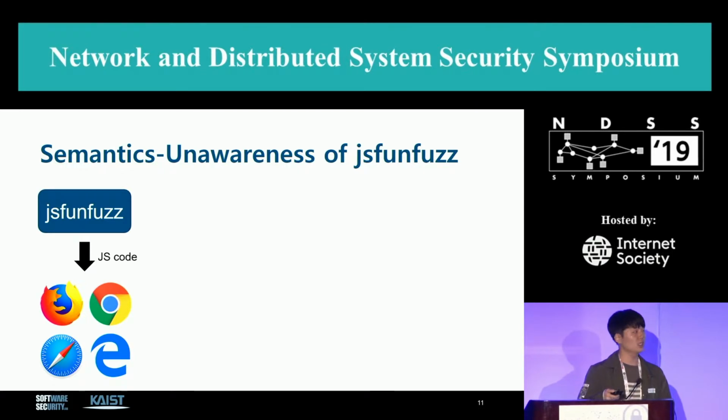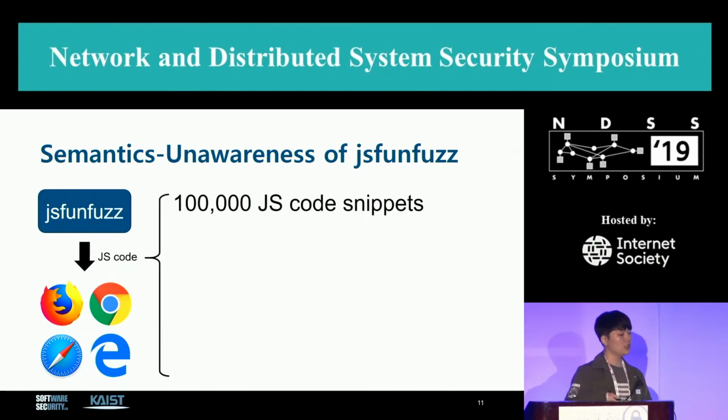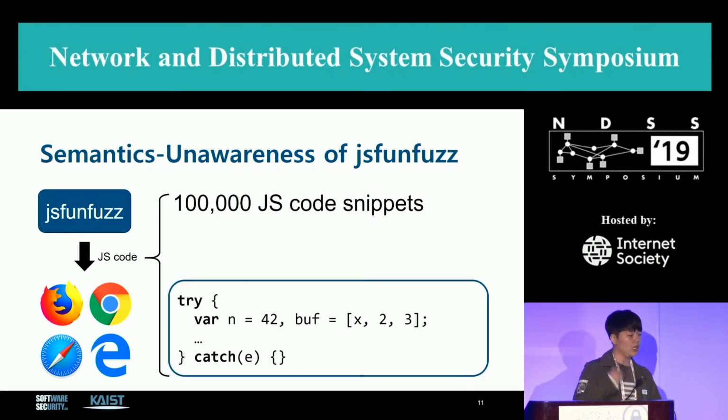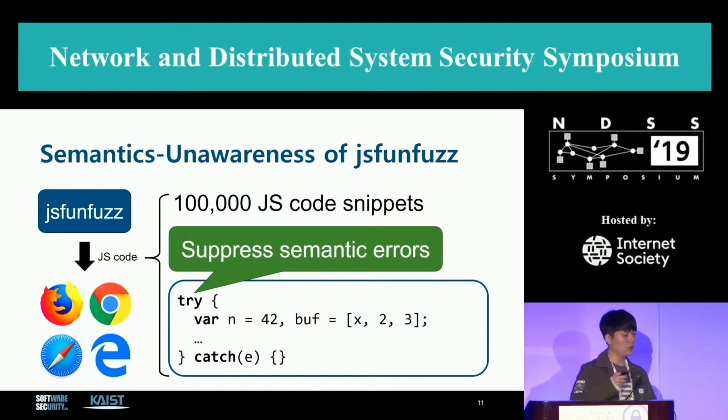Since jsfunfuzz is an open source project, we downloaded the latest version and ran it to generate 100,000 JavaScript code snippets in total. Each code snippet contains a series of try-catch blocks, where each block contains 2.5 JavaScript statements on average. Note that they always wrap the JavaScript statements with try-catch blocks in order to suppress semantic errors.